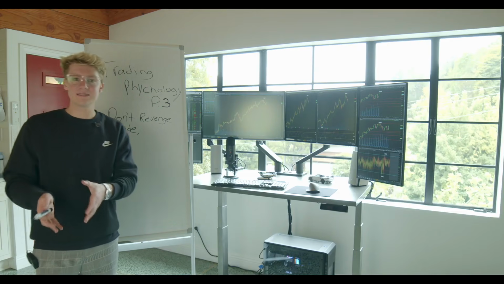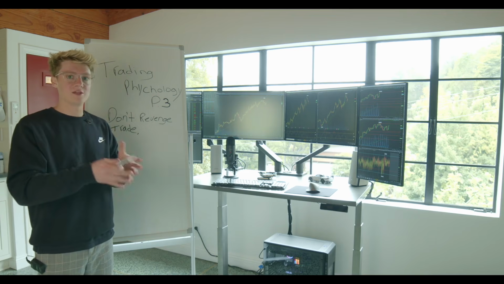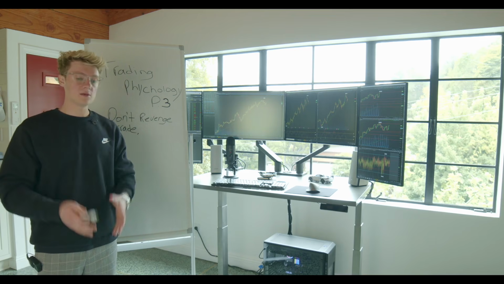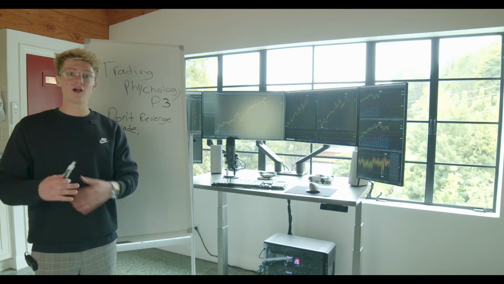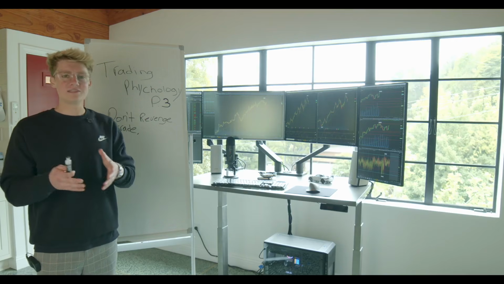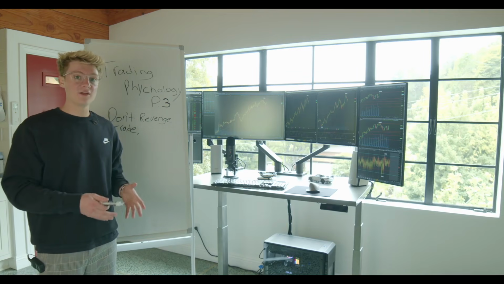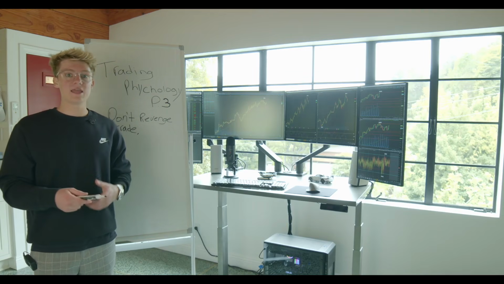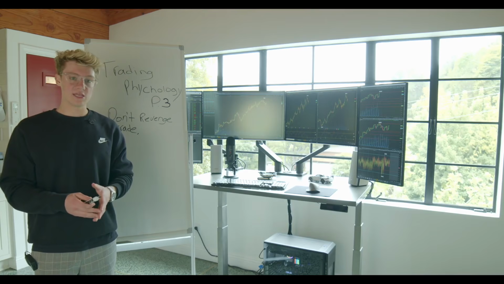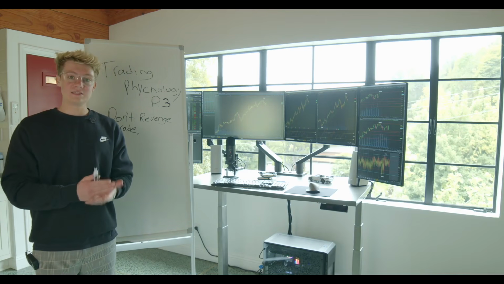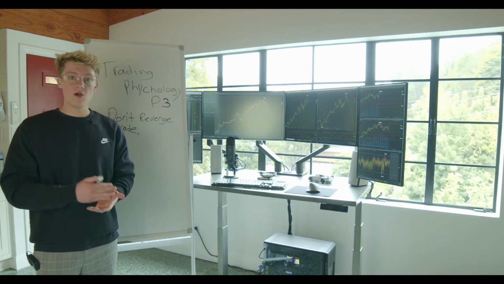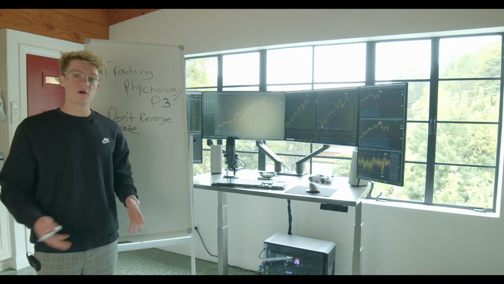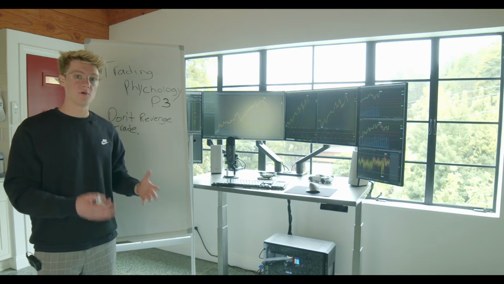I'll get into this later, but I think it's worthy to mention right now: never vary position sizes depending on your confidence within the trade. This is a mistake that I made early on and that I continue to make. And it really took me some understanding to realize that if I consistently kept the same position size, trade after trade, with my strike rate over a long period of time, I was still going to be successful.